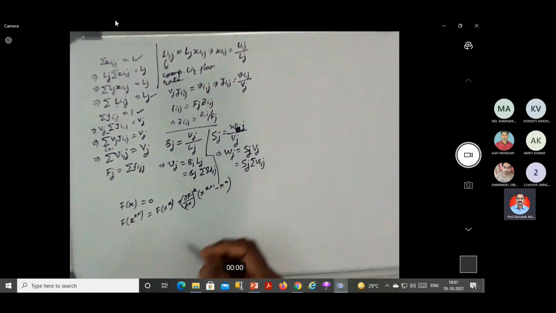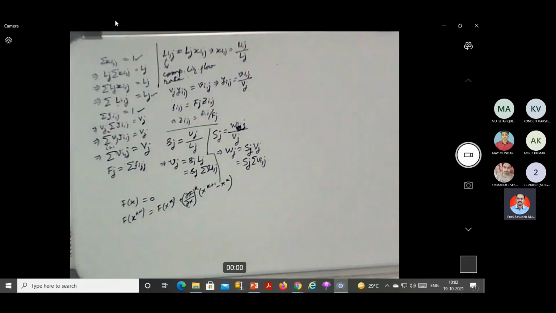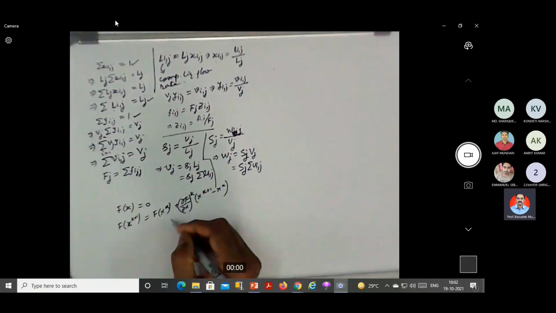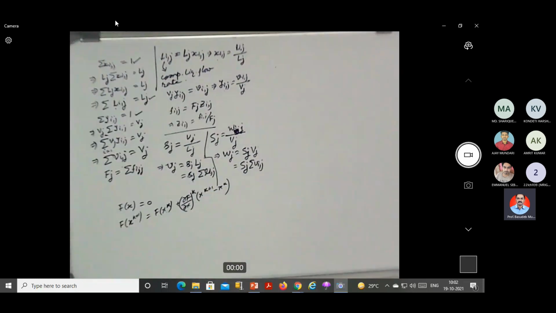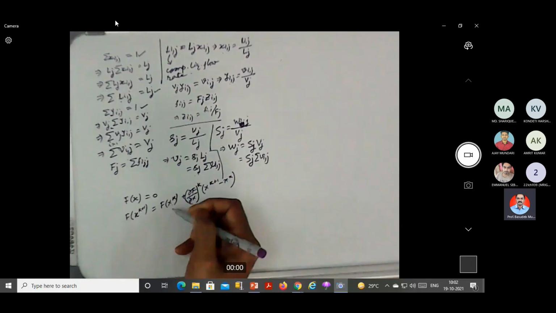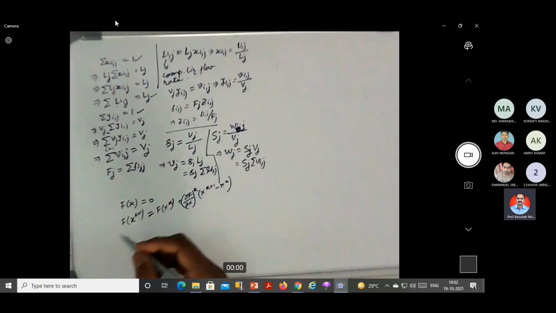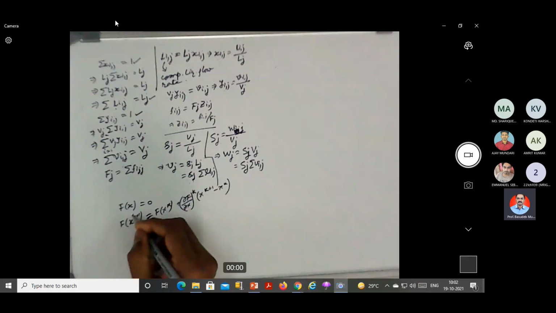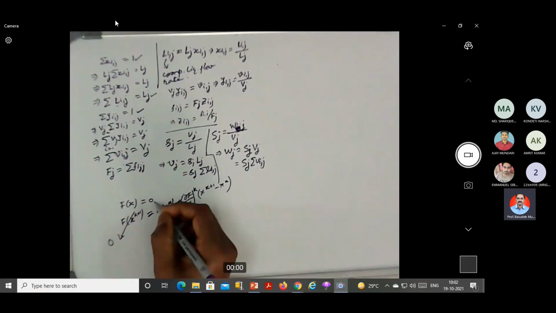This function is expanded around some known value of x. That known value is the guess value, represented by x^k. Higher-order terms we are not considering. Then we can force this term equal to 0 because we want to achieve this 0 value here.